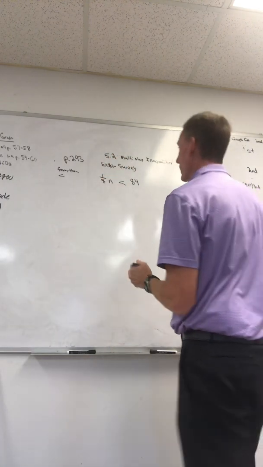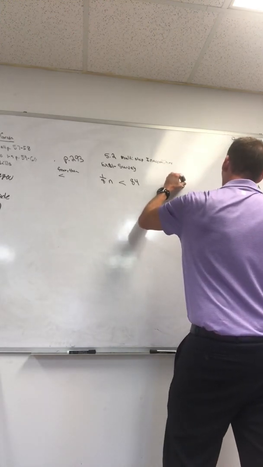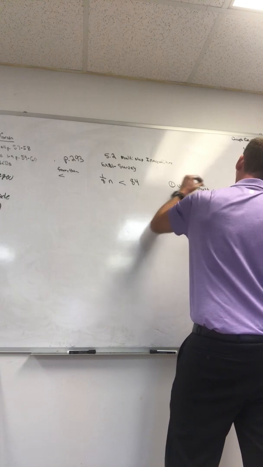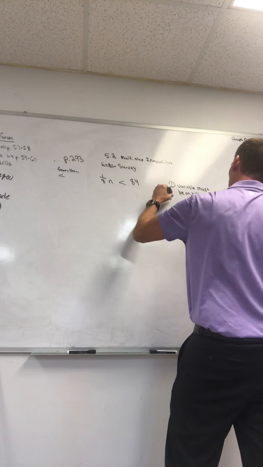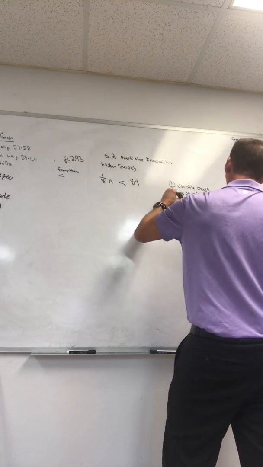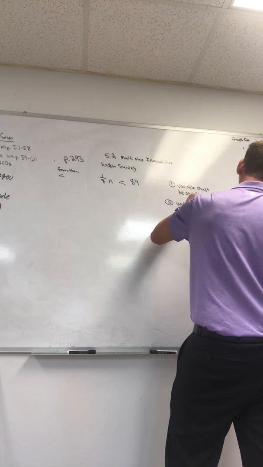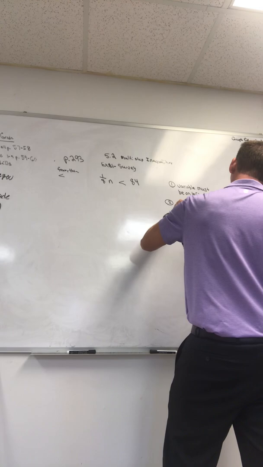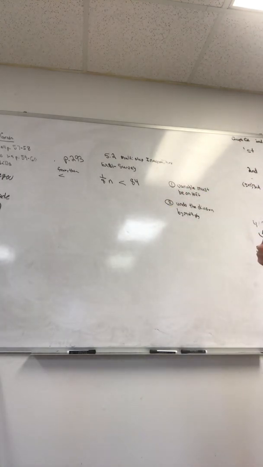To solve this, the variable needs to be on the left. So we undo the division in step 2 by multiplying. So we're going to flip the fraction, okay?